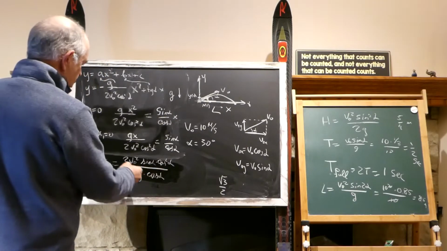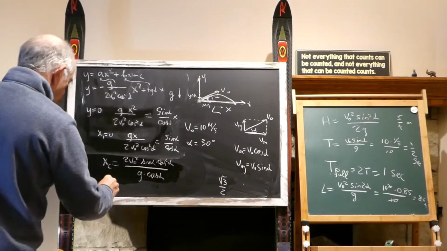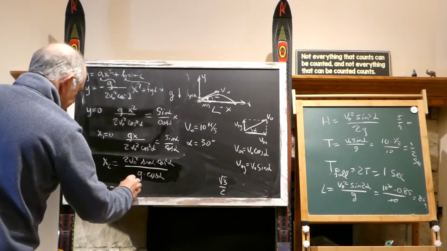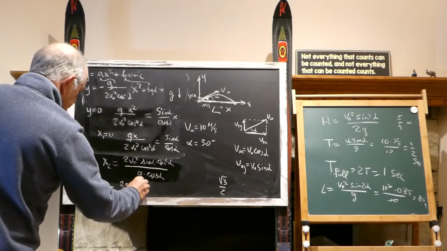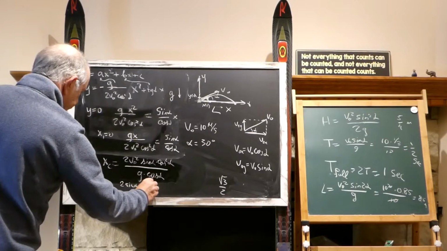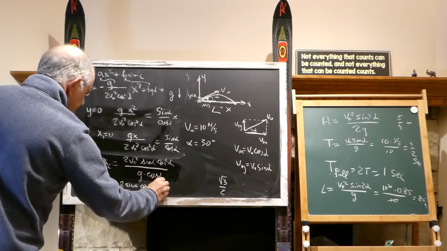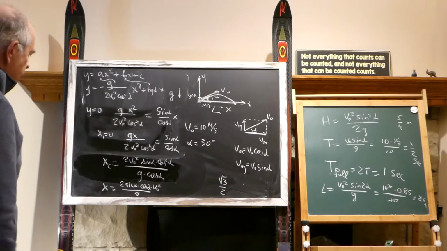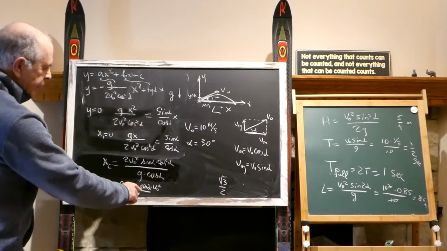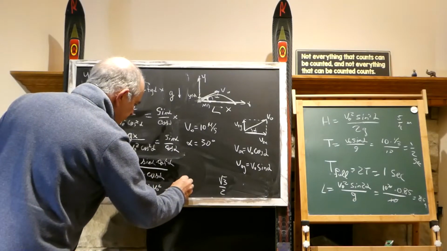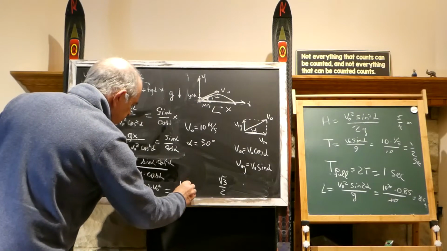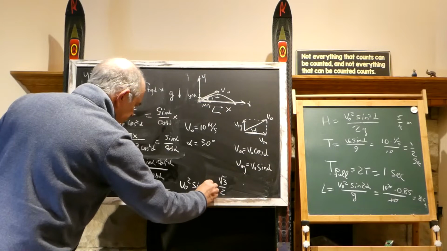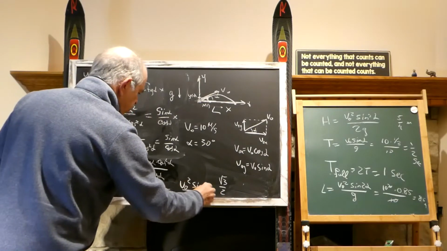Okay, so one cosine will go away, and x would be 2 sine alpha multiply cosine alpha multiply v squared over g. And if I have 2 sine alpha cosine alpha, it's exactly sine of 2 alpha. So I have v0 squared sine of 2 alpha divided over g.